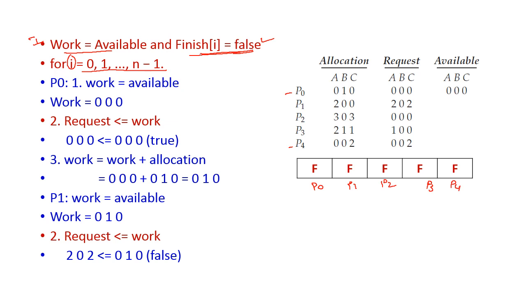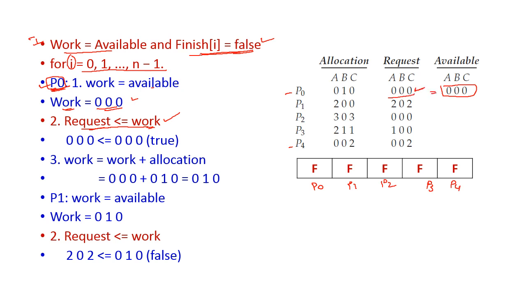Currently everything is false. First let us take the first process, P0. Work equals available. What is the available resource? We have 0, so that 0 for A, B, C is assigned to work. Now we need to check whether the request of P0 is less than or equal to work. What is the request of P0? That is 0, isn't it?